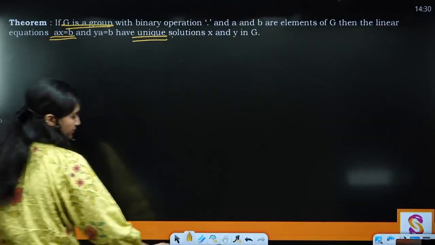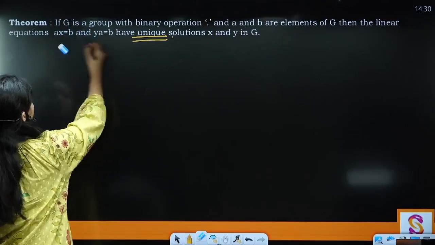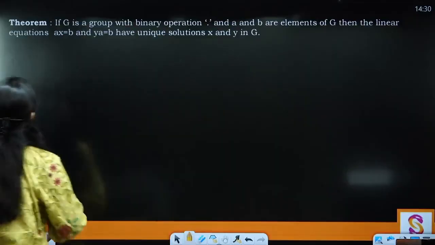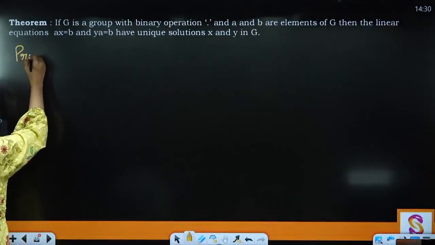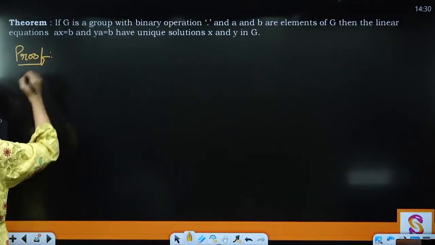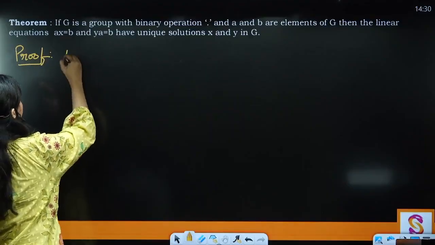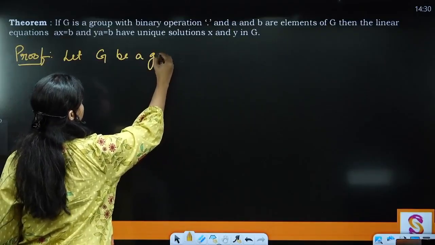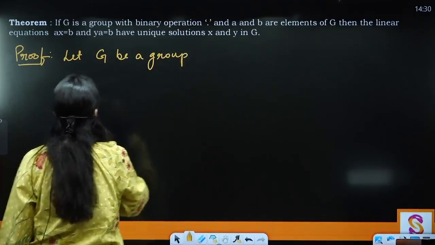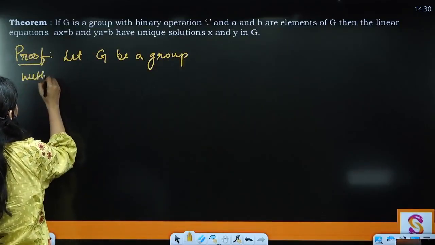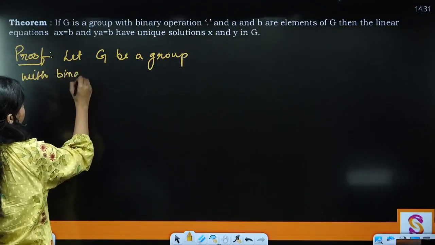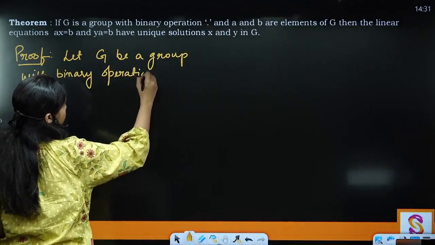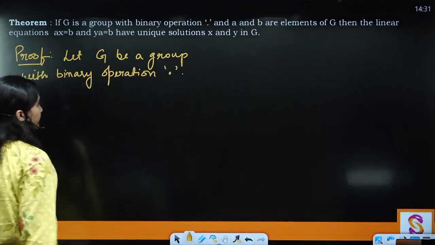Come on, let's take up the proof. Let G be a group with binary operation dot, right?